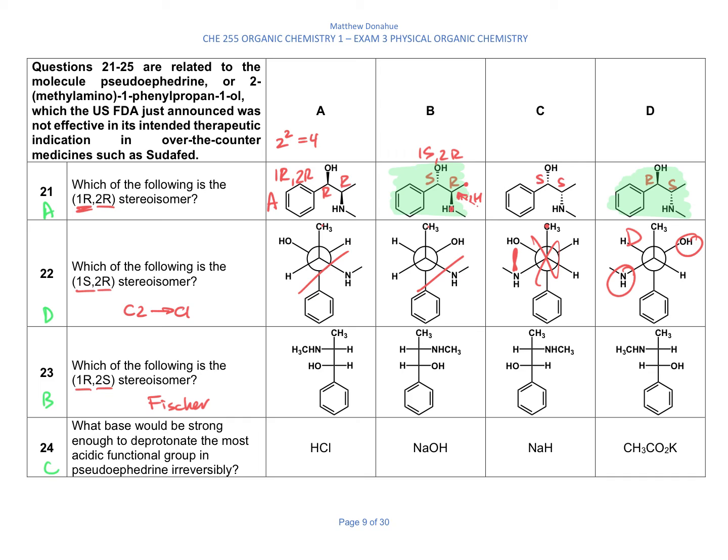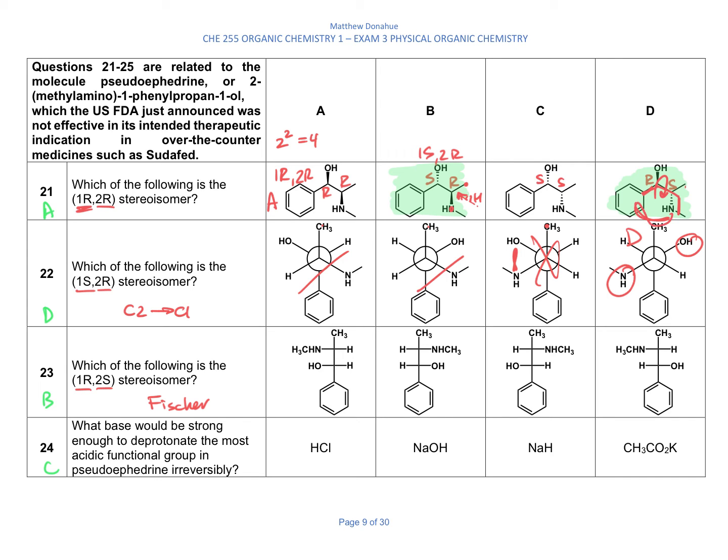And so we just need to get our vantage point. For this one, essentially what we need to do in the zigzag conformation is do a rotation about this bond where this methyl group becomes eclipsing with the benzene ring.